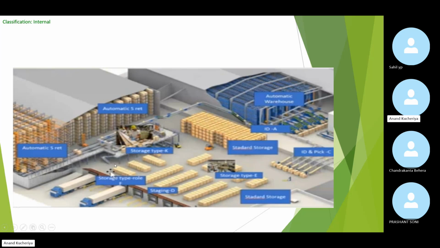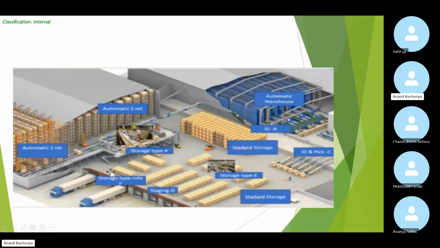We will be defining which storage role that storage type belongs to with a special role. After that, when material goes to this one, we call it standard storage. That means the storage role field will be empty. That is called the standard storage.